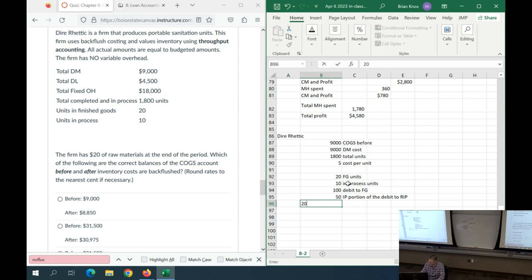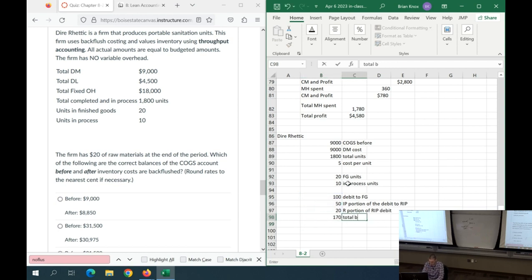And then we also have to add in the $20, the portion of the debit to RIP. The sum of these three is our total debits being backflushed away, which means that we must also be crediting COGS that same amount.